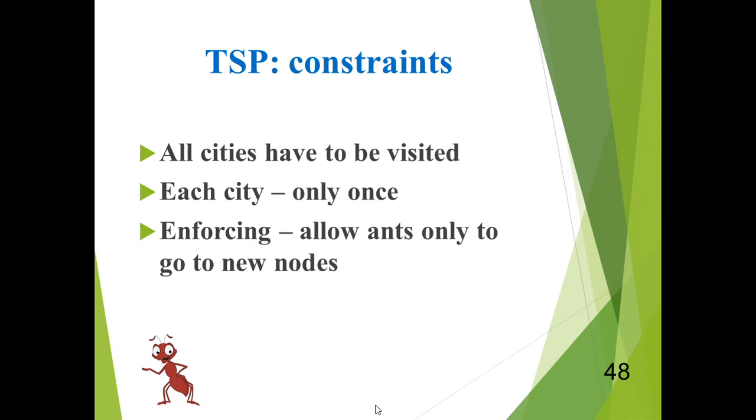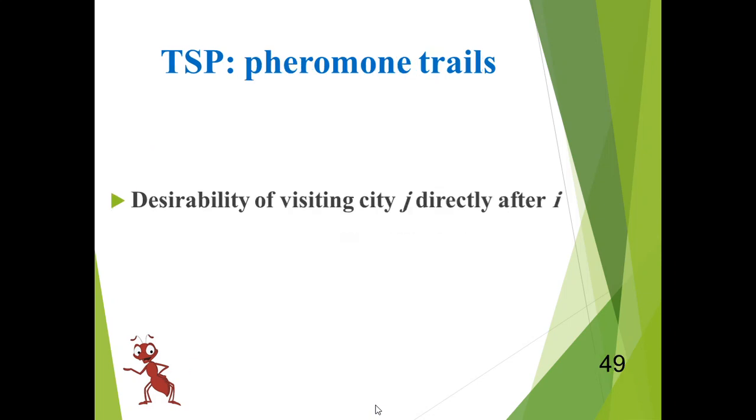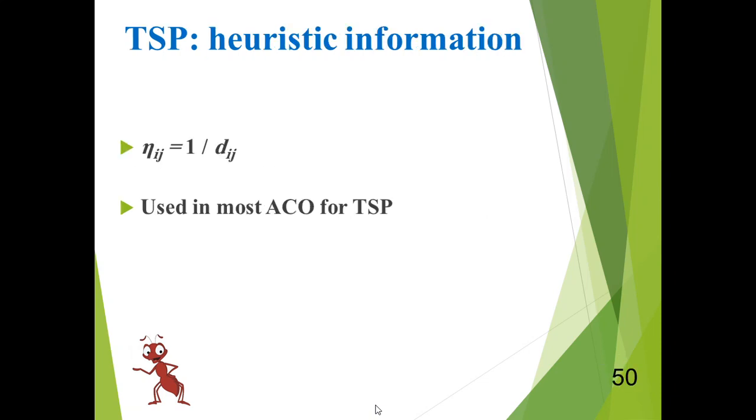Constraint: all cities have been visited, and each city only once, enforcing a rule only to go to new nodes. The probability of visiting city J directly after I. Heuristic information Eta is one over Dij, used in most ACO for TSP.